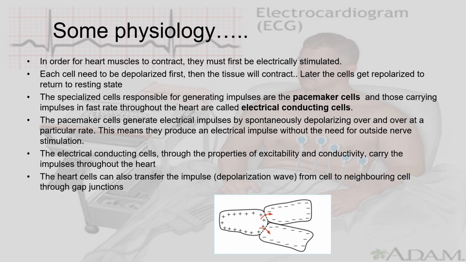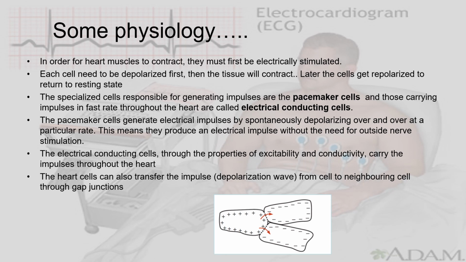Some gates open, then sodium and other electrolytes get inside the cell. The polarity of the cell changes between inside and outside, and this produces some kind of molecular changes leading to contraction of the cell. Later on, repolarization should occur, and the cell should return back to its original resting state in order to be depolarized again.